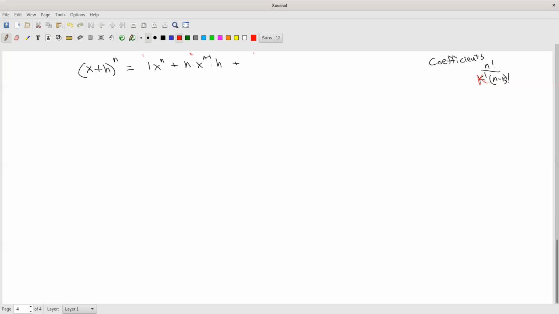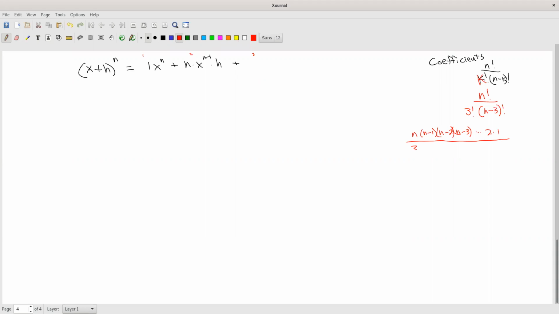I next got to figure out what's going on at k equals 3. And that's probably good enough here. So if k were 3 here, I would have n factorial over 3 factorial times (n minus 3) factorial. And what does that look like? Well, n factorial is n times n minus 1 times n minus 2 times n minus 3, all the way down to 2 times 1.